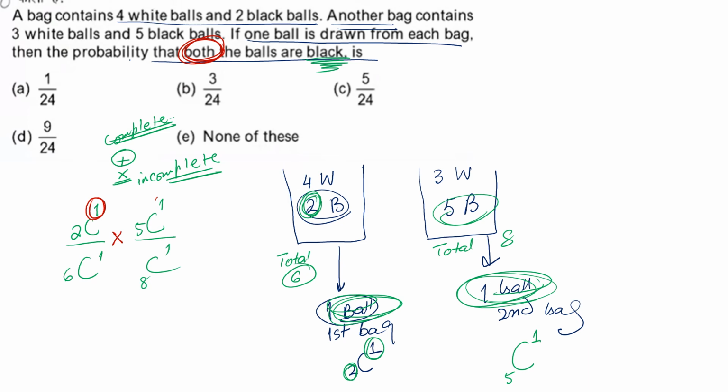I hope you understood when we apply the plus sign. If the work is not complete, you will not be able to put a plus sign; you will put only a multiplication sign in between. Now let's check what is my correct option.